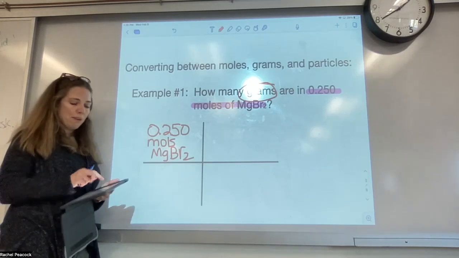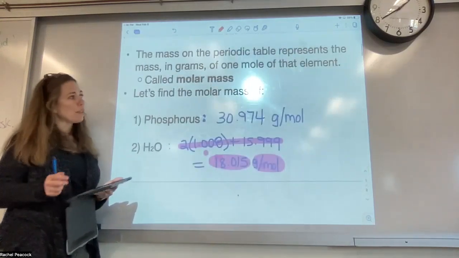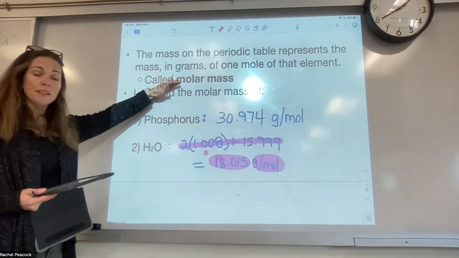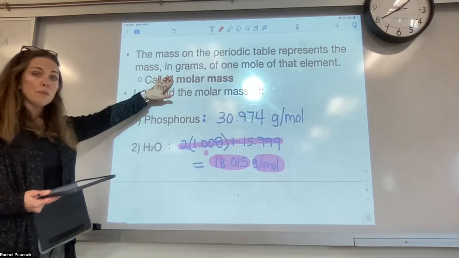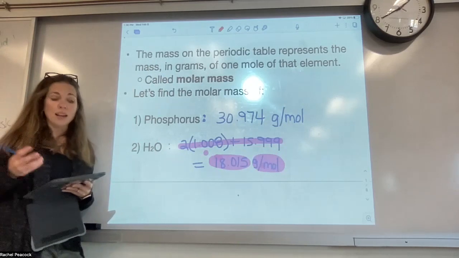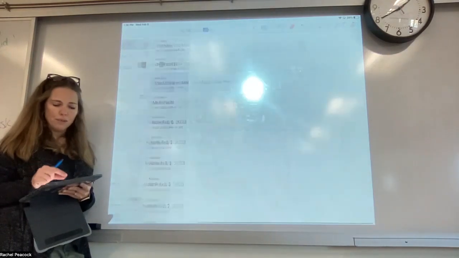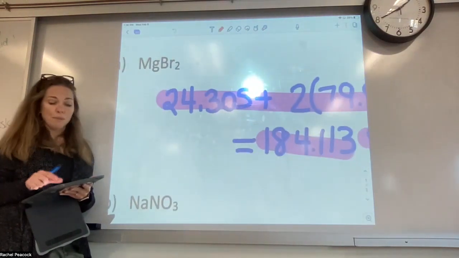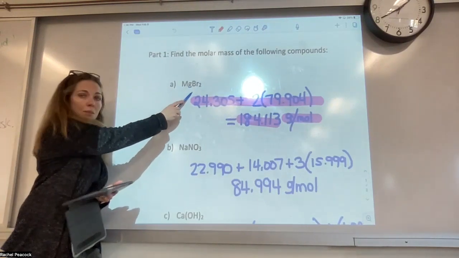What is the relationship between moles and grams? Well, if you go back to your notes, the relationship between moles and grams is the molar mass, right? 1 mole of MgBr2 weighs whatever we would find if we added up the masses, which you did already. There was a purpose behind what I had you do, right? When we did this problem, remember, we found the molar masses. I had you do MgBr2.